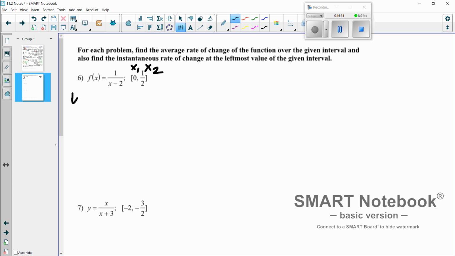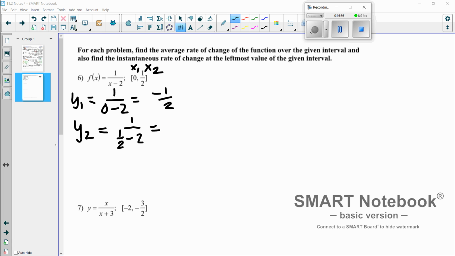So y1 is going to equal 1 minus our x1 term, which is 0 minus 2. Okay, well that equals negative 1/2. Okay, so y1 is negative 1/2. Y2 equals 1 over 1/2 minus 2. Okay, and that equals negative 3/2. Okay, so we have x1, x2, y1, y2.